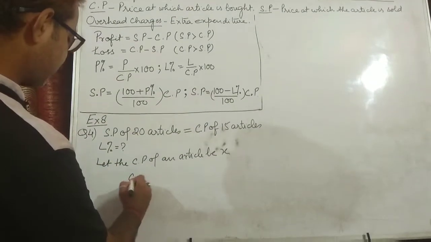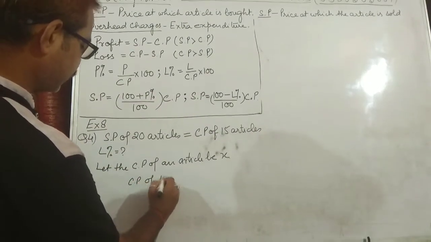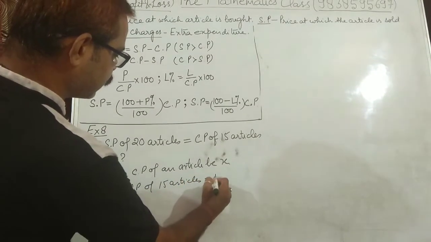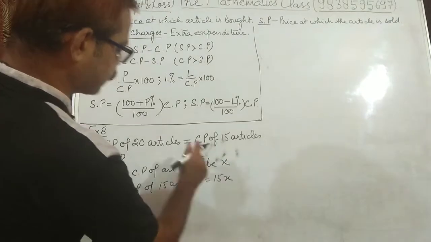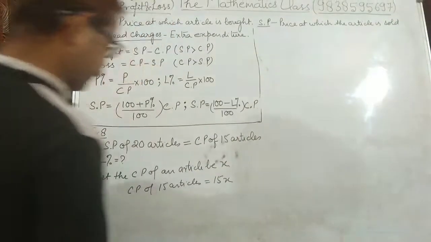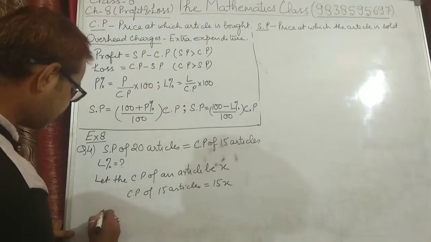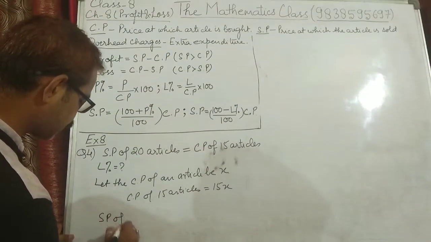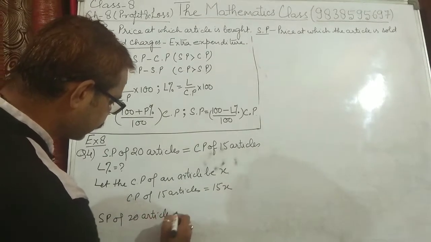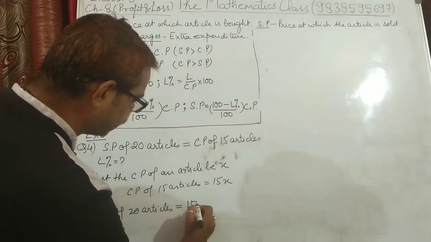So cost price of 15 articles will be 15x because it is given. Selling price of 20 articles equal to cost price of 15 articles. So it means that selling price of 20 articles is also 15x.